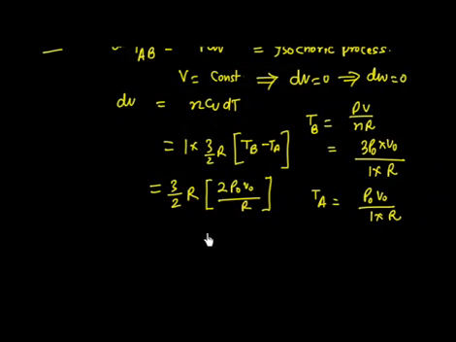So 2 P naught V naught by R you have. So this 2 goes out, R also goes out. So we will have 3 P naught V naught. Are you getting it now? So this is the dU.